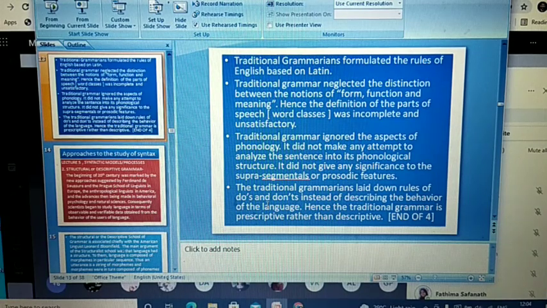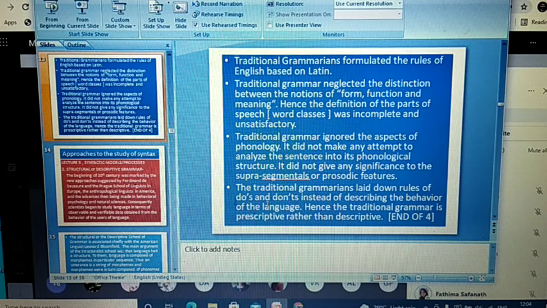Modern grammars, all the grammars that come after traditional grammar, like structural grammar, structural linguistics, descriptive linguistics, immediate constituent analysis, phrase structure grammar, transformational generative grammar, are descriptive, because to them what is important is the very purpose of language. The purpose of language is communication.